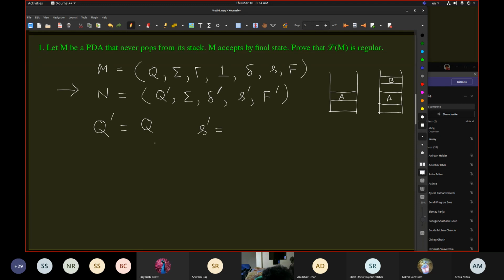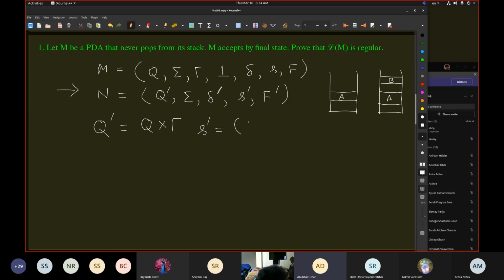In Q prime, I should remember the stack top. Yes, I have to remember the stack top as a state in the converted NFA or epsilon NFA. So what should be S prime?